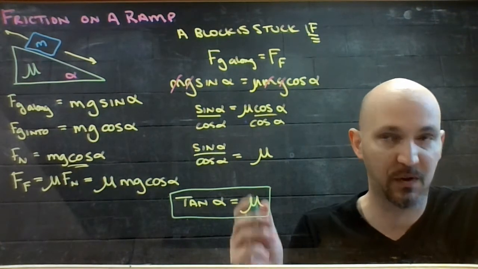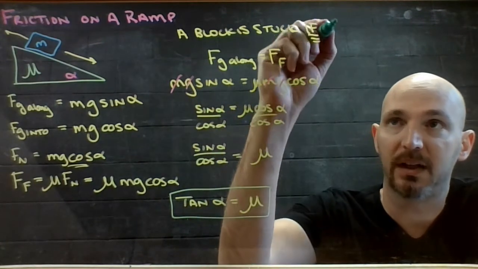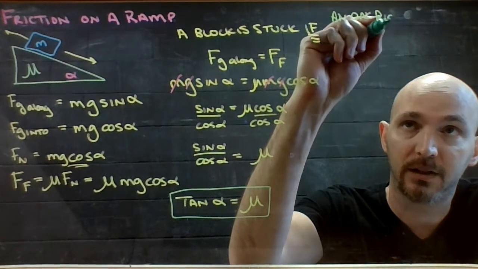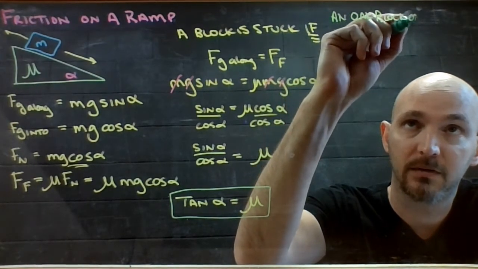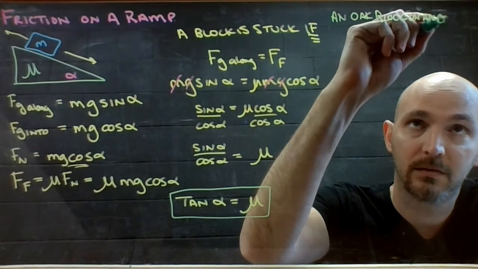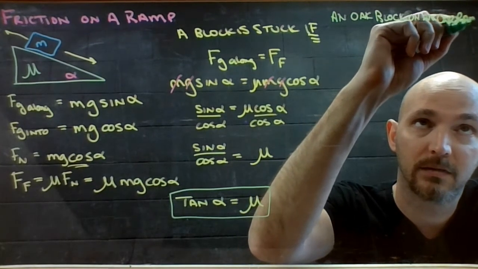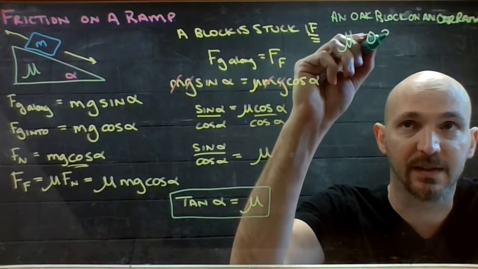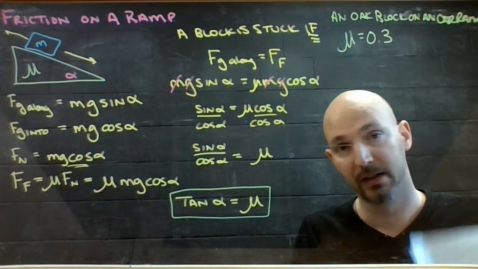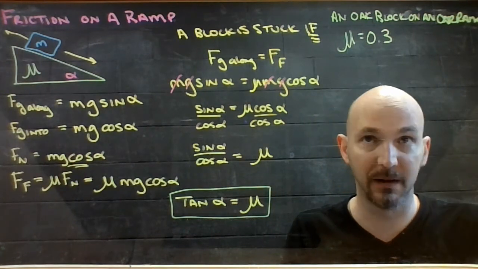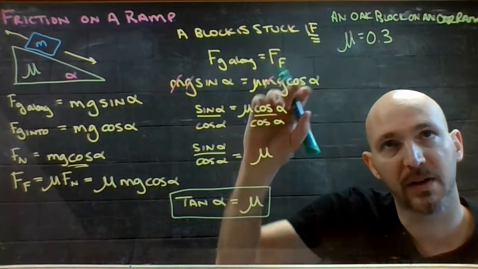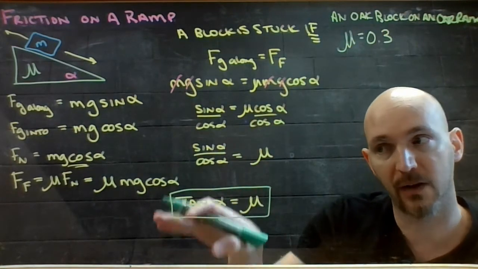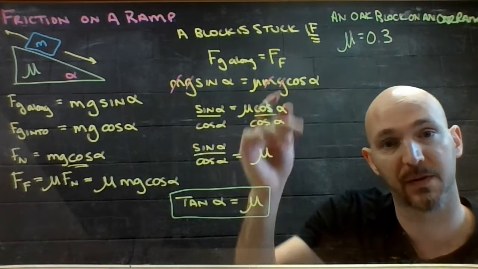So if I were to put an oak block on an oak ramp, if you put those materials together, their coefficient of friction is 0.3, according to this handy chart that I stole from the interweb. So if I put an oak block onto an oak ramp, I've already determined how steep I can move that ramp before the thing starts to slide.